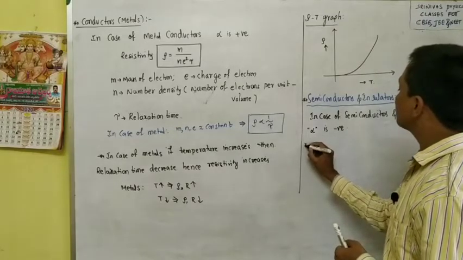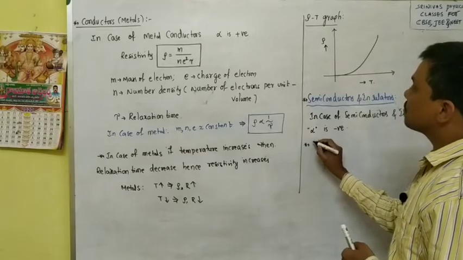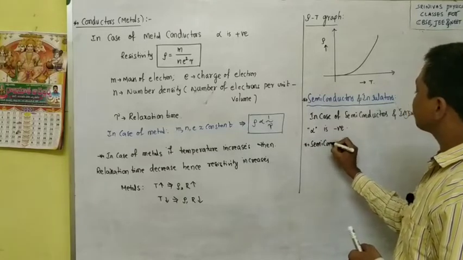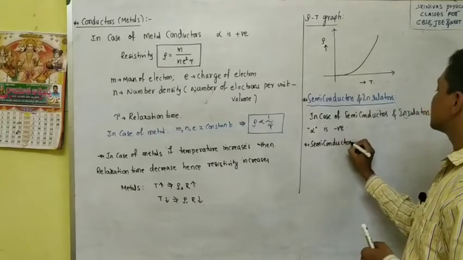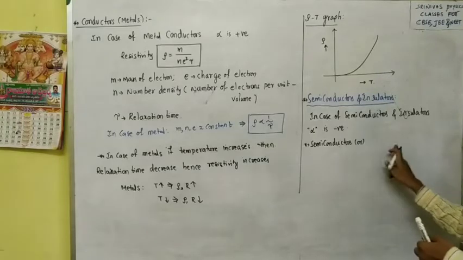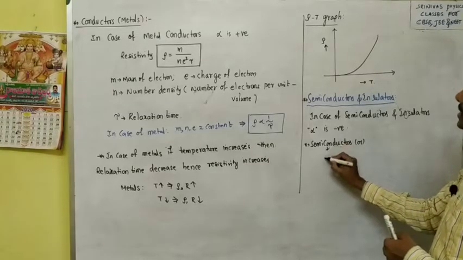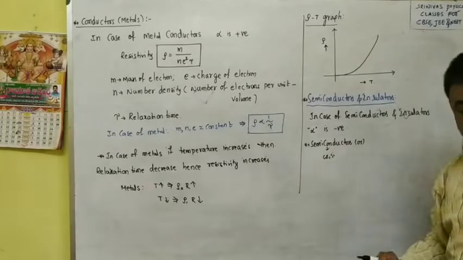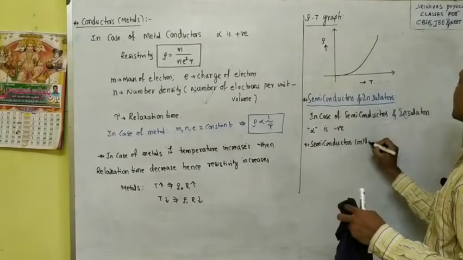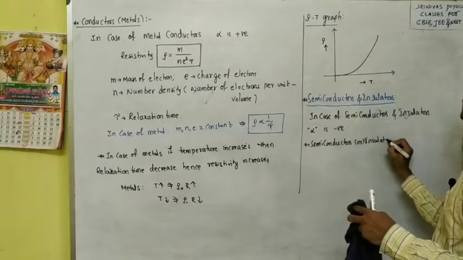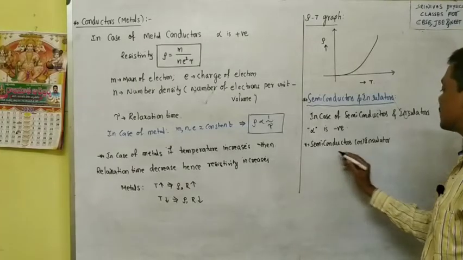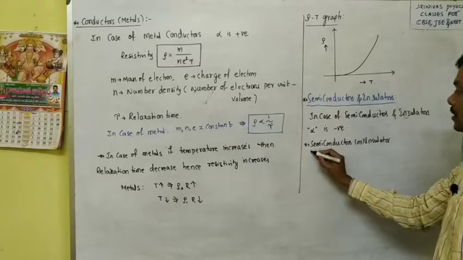For semiconductors or insulators, the free electron availability is actually very low. Examples of semiconductors are germanium and silicon. Sometimes they act as a conductor, sometimes as an insulator. In insulators and semiconductors there are no free electrons, but when the temperature increases, the free electron density can increase.